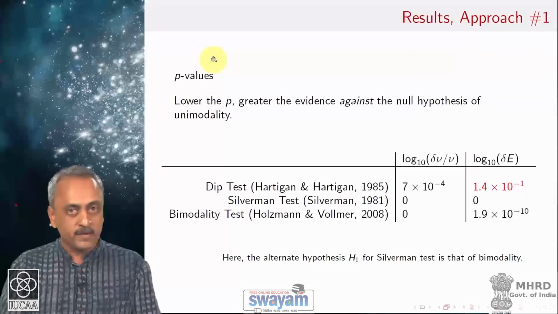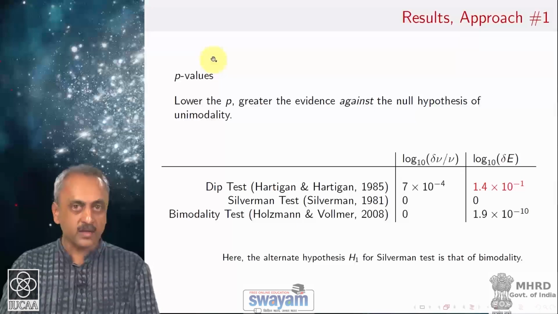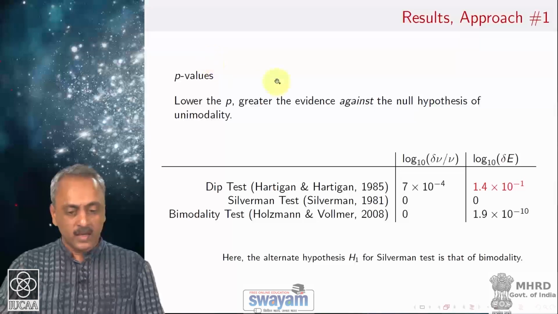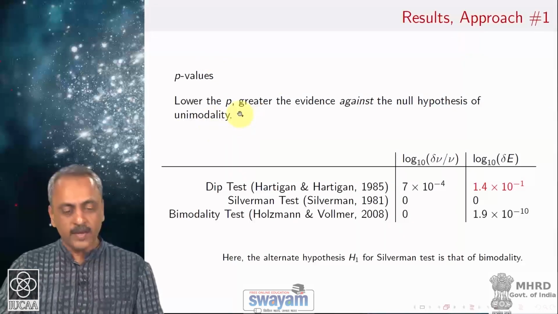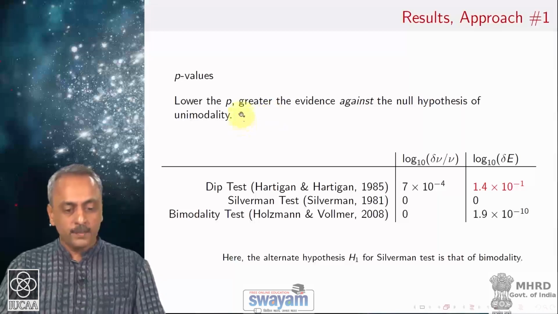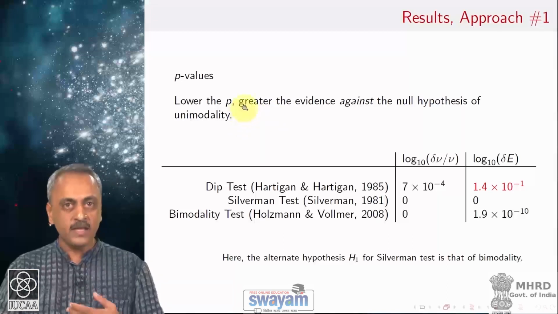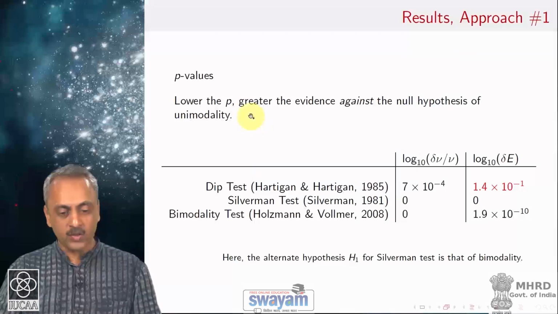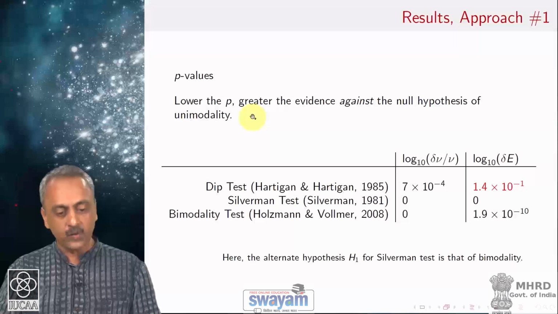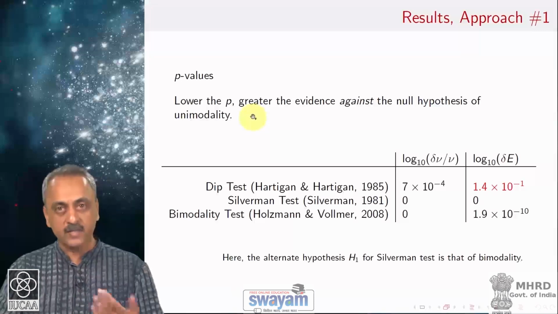There is a large body of literature about p values and how they are used and often misused. The way a p value is interpreted is that it is a measure of the evidence against the null hypothesis: the lower the p value, the greater the evidence against the null hypothesis.